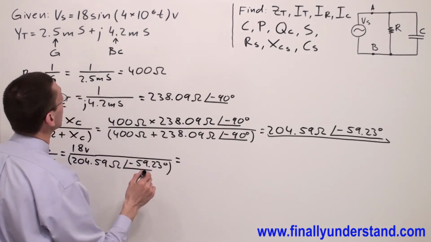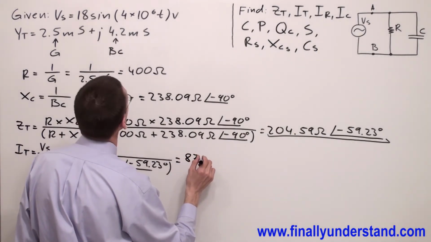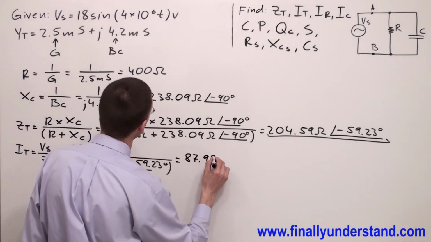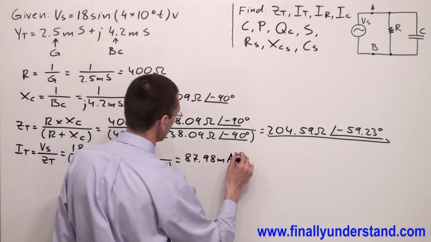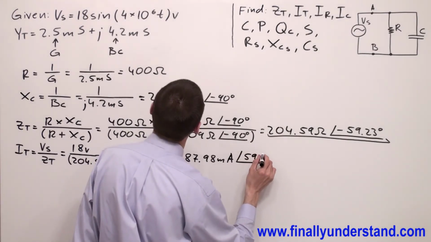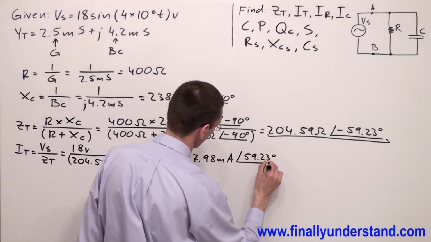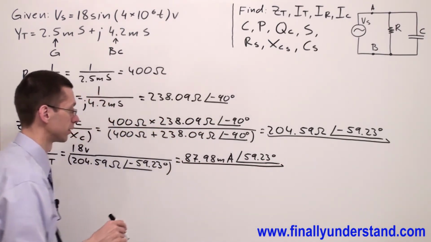Everything is equal to 87.98 milliamps and angle of 59.23 degrees. Okay, so this is my total current.